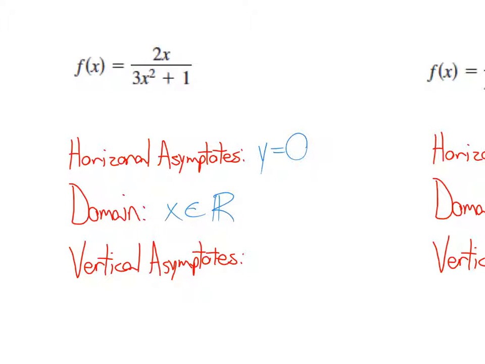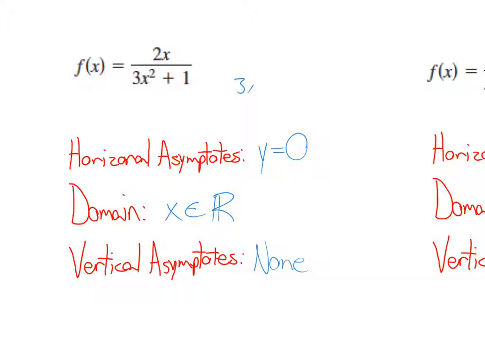So as a result, what are our vertical asymptotes? You don't have them. We don't have any. There are none. You can't graph the imaginary numbers on our XY plane, so there are no vertical asymptotes. You also could have said 3x squared plus 1 equals 0, and it would be negative one third, which is imaginary numbers.